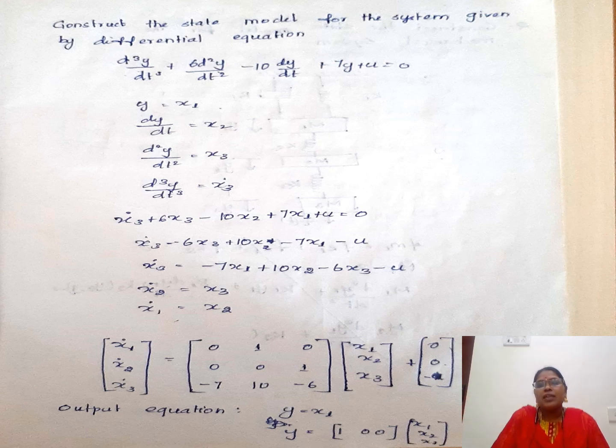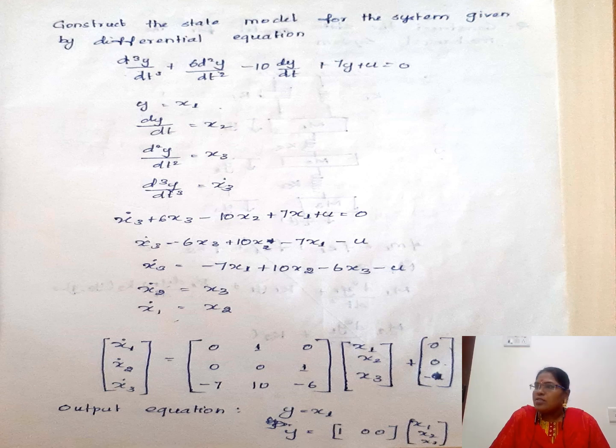Instead, I take the derivative of x3, x3 dot, which is d cube y by dt cube, so I can avoid one state variable and easily convert into a first order derivative of the state variables.